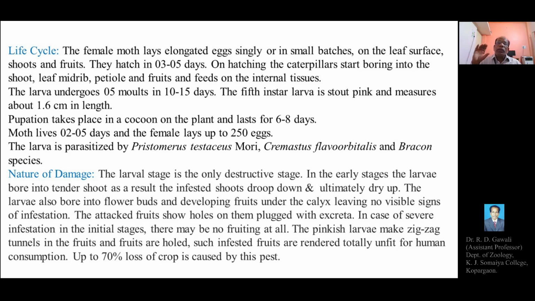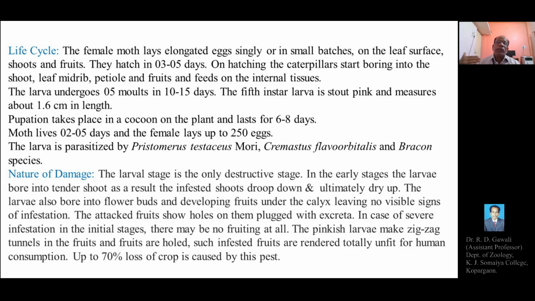So within 10 to 15 days, the larva undergoes 5 moltings and gets transformed into a mature larva called the fifth instar larva, which is very much stout, pink in color and measures about 1.6 centimeter in length. Then pupation takes place in a cocoon on the plant and lasts for 6 to 8 days.